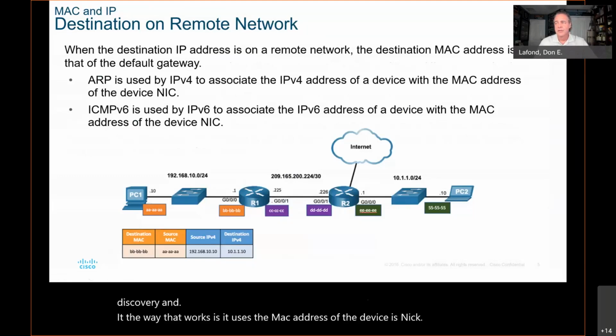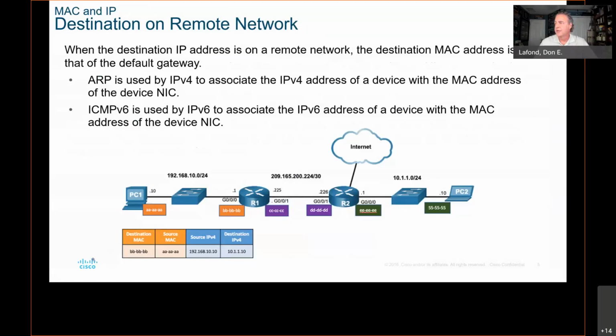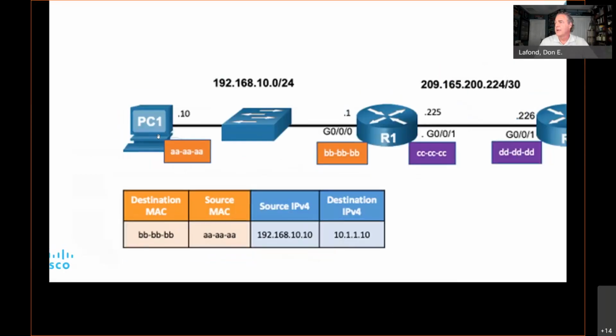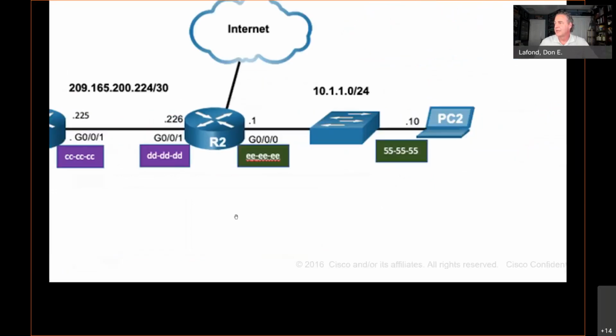We'll discuss that. So in this case, let me zoom in just to make it a little easier to see for you guys. Remember, layer 2 communication happens at the MAC layer, at layer 2, and partially layer 1. We learned that last week. It goes from MAC to MAC with the MAC addresses changing between devices, right?